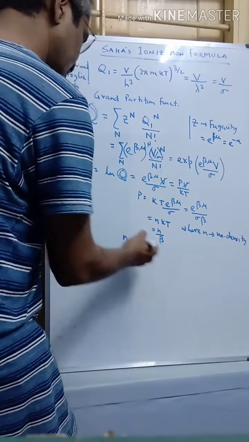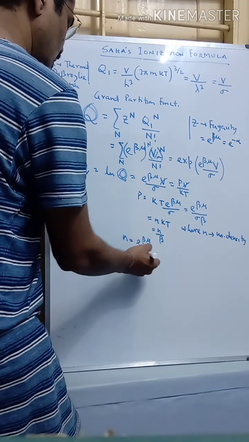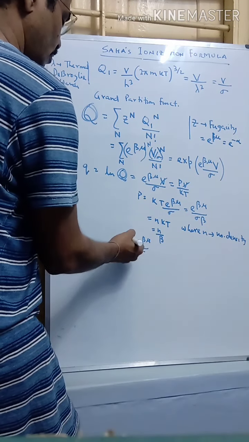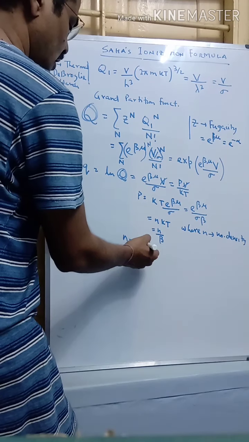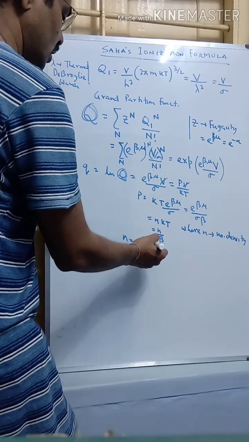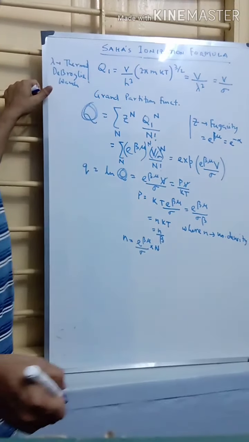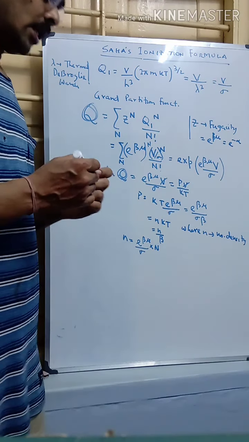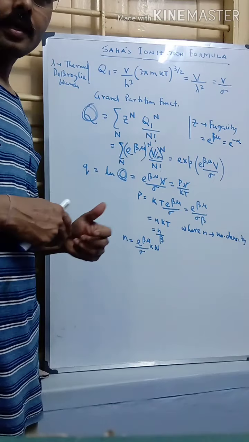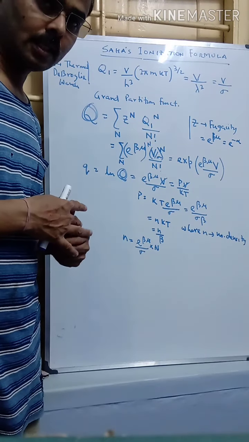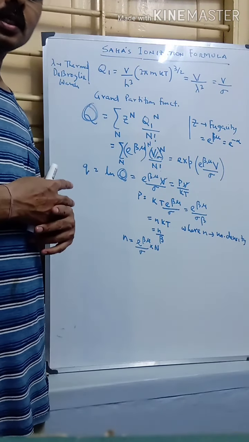Since 1 by sigma is the inverse of a volume, this is a number density, and e to the power beta mu is an exponential quantity, so we multiply it with a number arising due to the internal degrees of freedom.